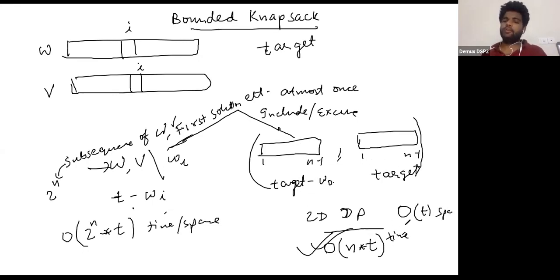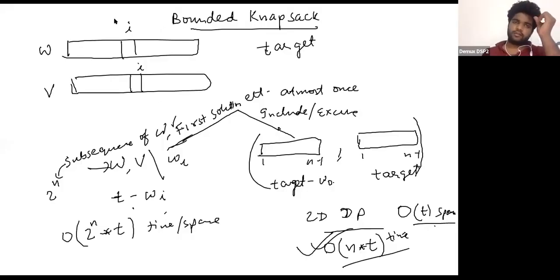So order n into t time and order t space is the best solution. So that is about knapsack. It's a classical problem that people have solved a lot of times, and that's why we did it.